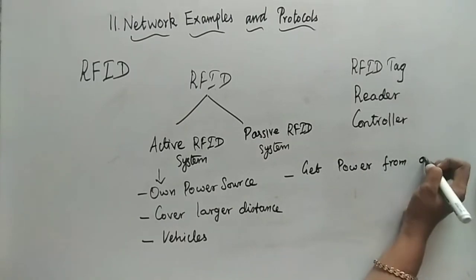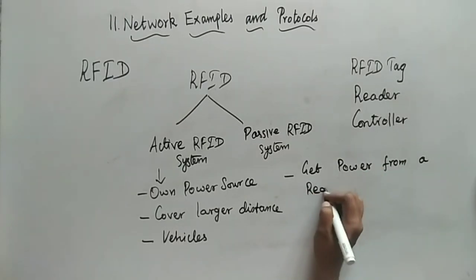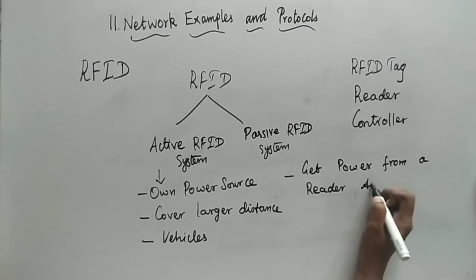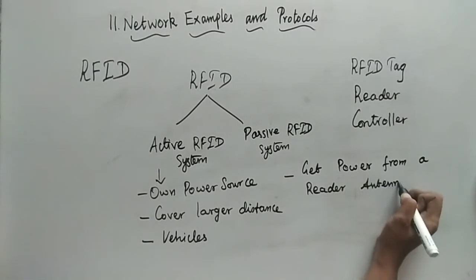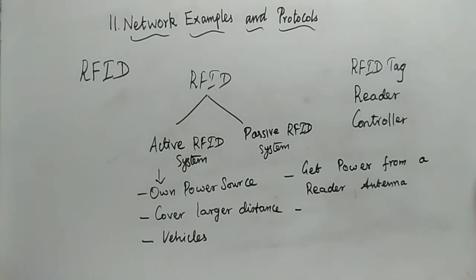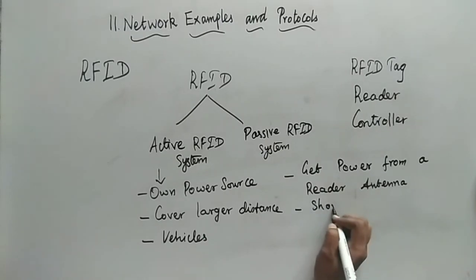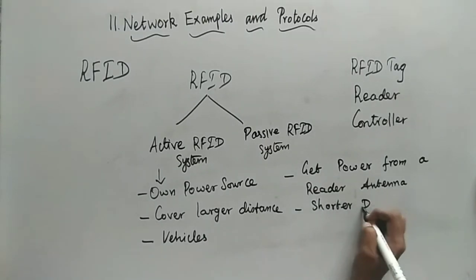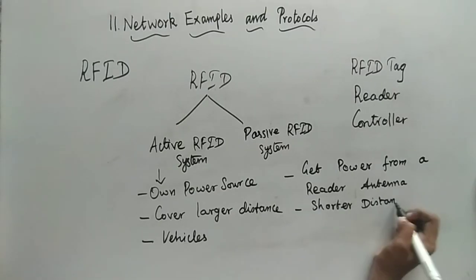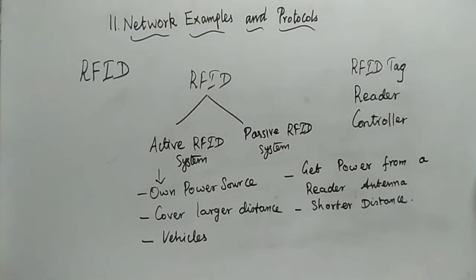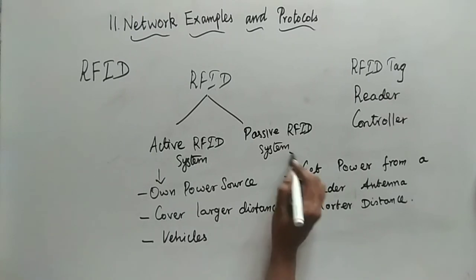Active is able to cover larger distance, but in this case it is able to cover only shorter distance. So passive RFID is used for the purpose of shorter range transmissions.